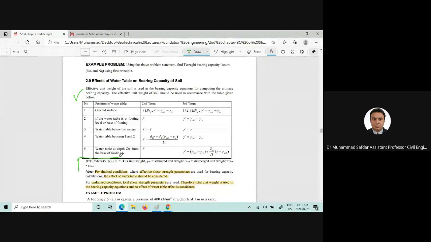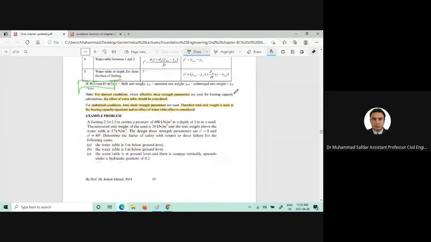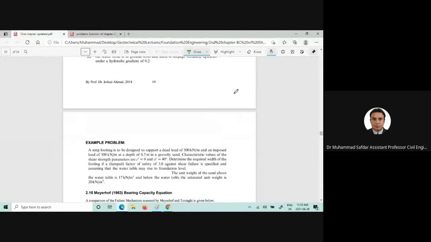Please kindly note down this equation for finding the height of the wedge, and that will be used in today's lecture as well.